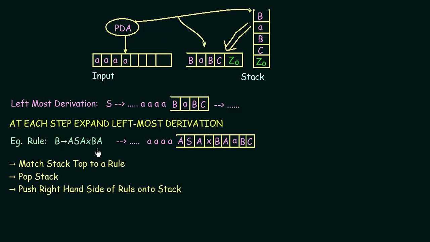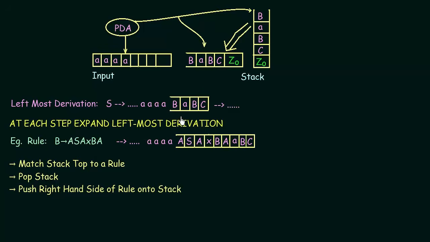So how do we proceed if we find it? If we find it, we have to pop this B out, and instead of this B, we will push the right hand side of the production that B was giving. So here we see that B gives ASA X BA. This B will be popped, and instead of this B, we will push all this right hand side onto the stack. Alright, so this is how we do it.